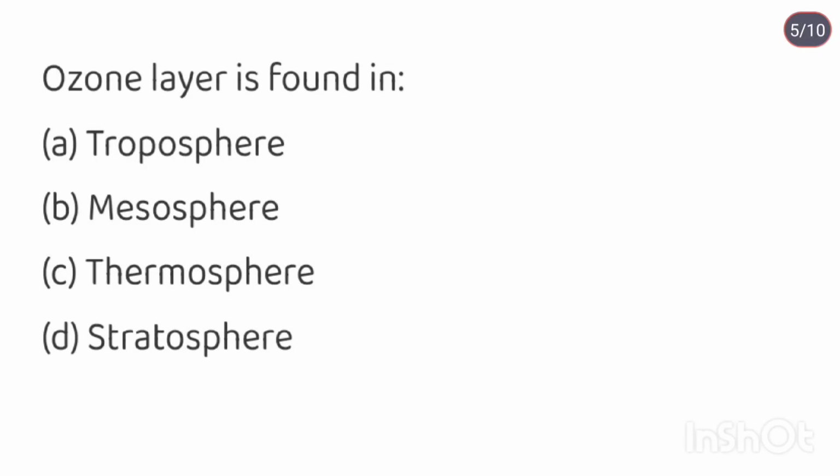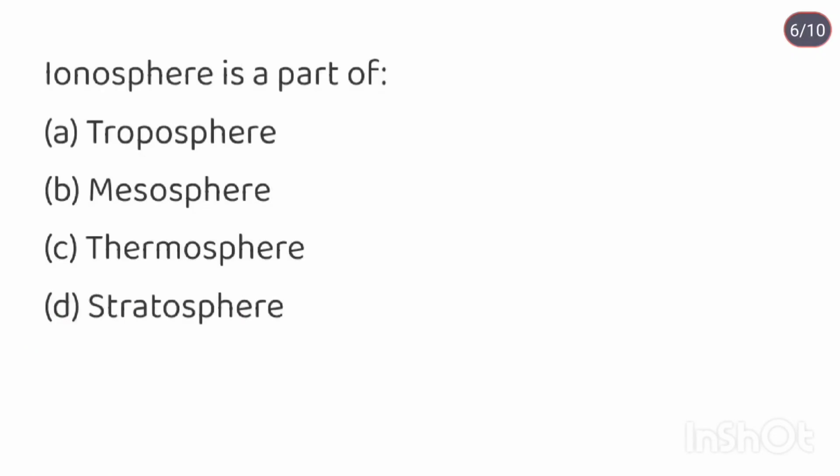Ozone layer is found in stratosphere. The stratosphere is the second layer and ends about 50 km above the Earth's surface. Ozone is present abundant in the stratosphere. Ionosphere is a part of thermosphere.